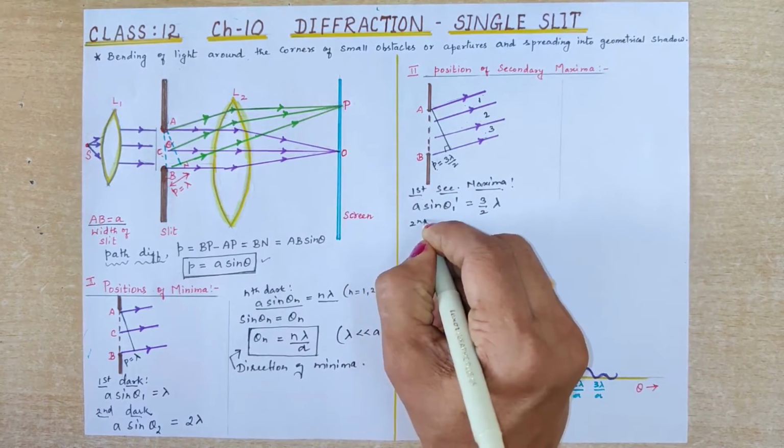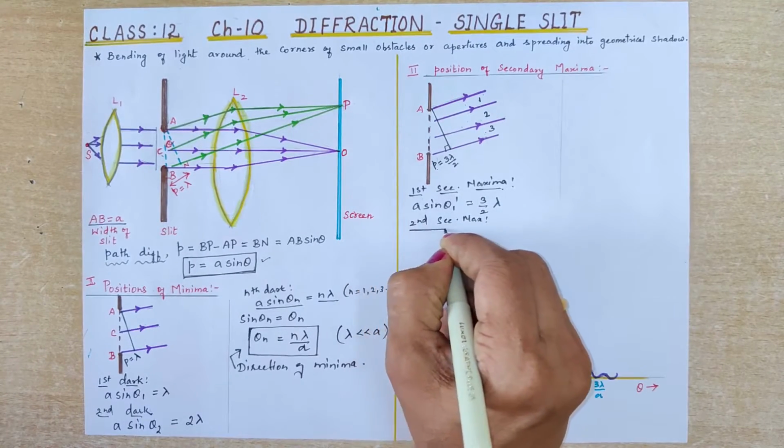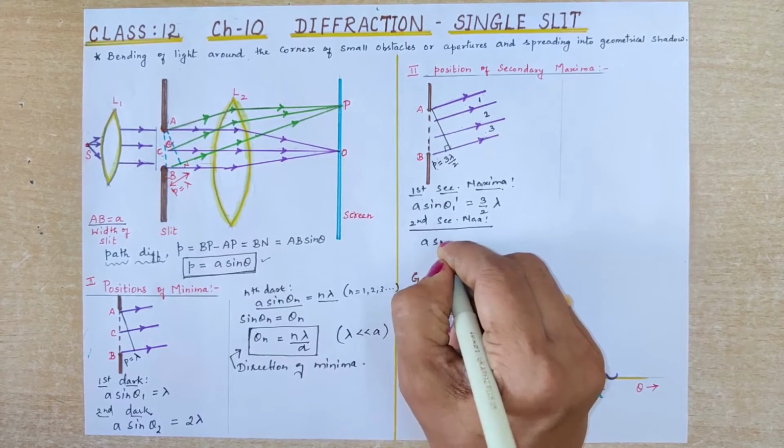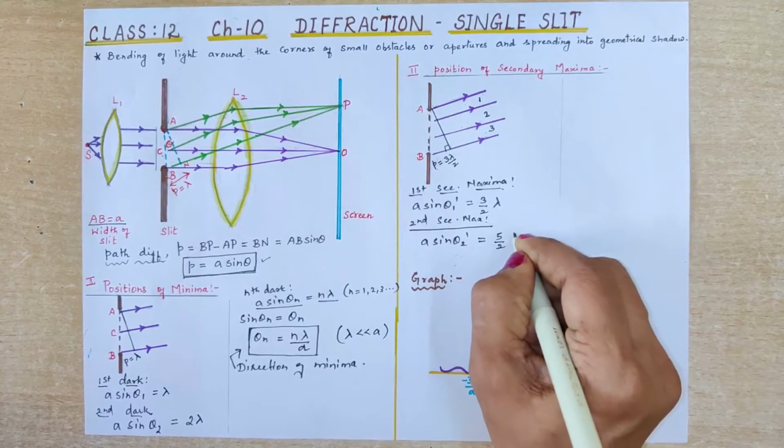In a similar way, for the second secondary maxima, a sin theta 2 dash is equal to 5 by 2 lambda.